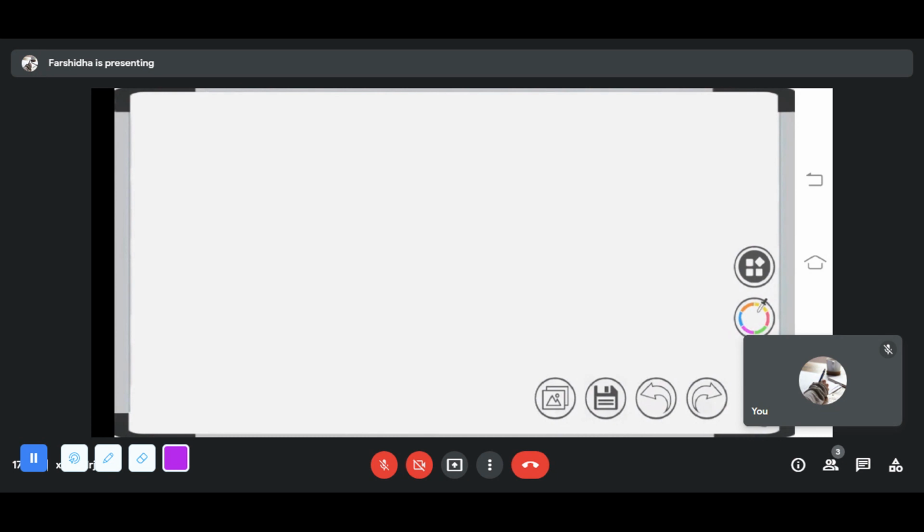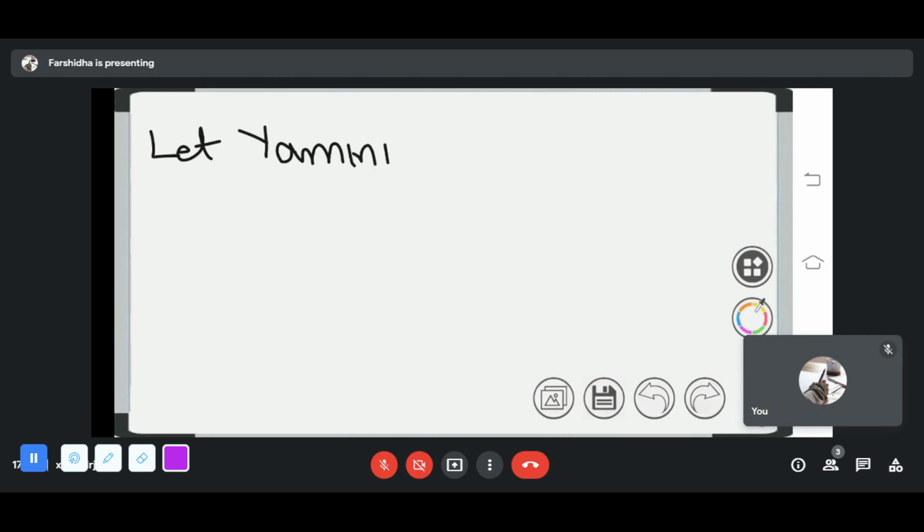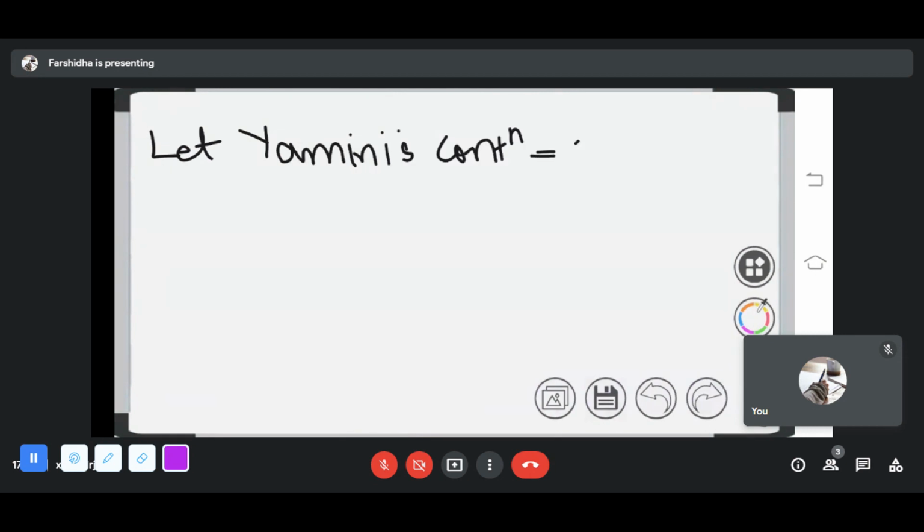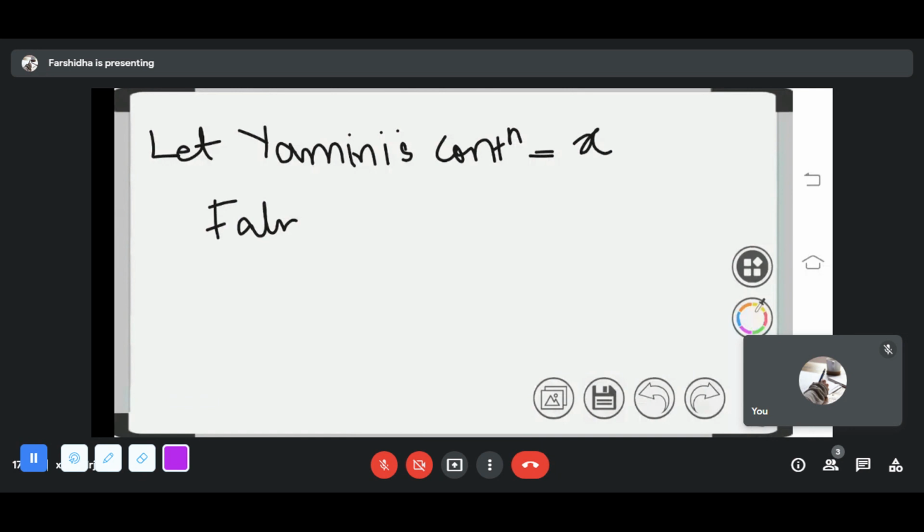So the hint is given in the question. You can take their contributions as x and y. So you can write, let Yamini's contribution be x, Fatima's contribution be y.